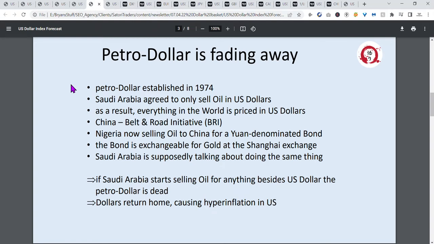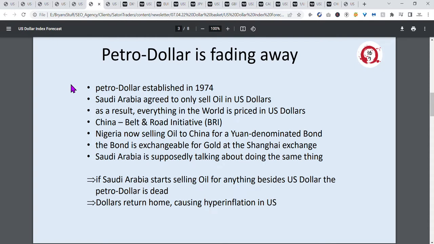The key idea, and this is my thinking this morning and over the last week or two, based on people I've heard talking in videos and looking at charts: the petrodollar is in the process of fading away. And so we have to understand, what is the petrodollar? It goes back to 1974 when Saudi Arabia and the United States sealed an agreement that Saudi Arabia would only sell oil in US dollars.